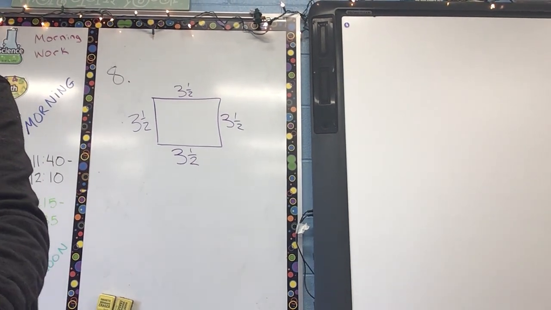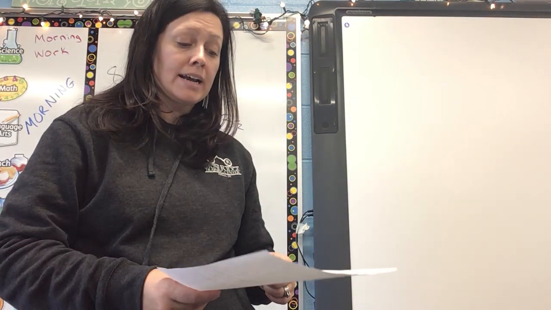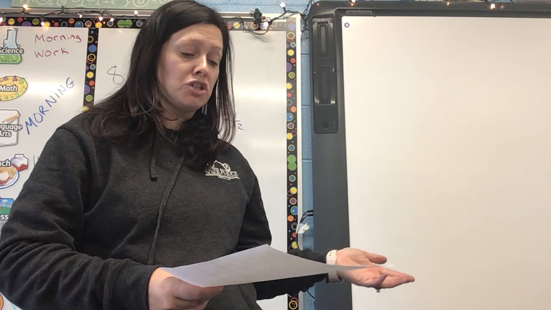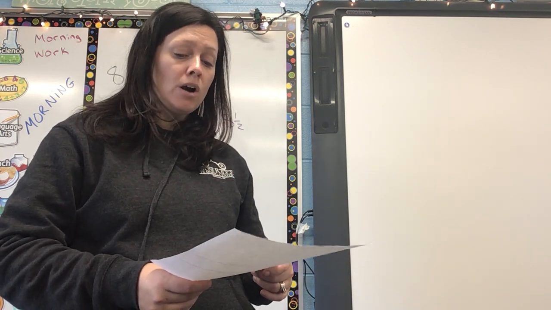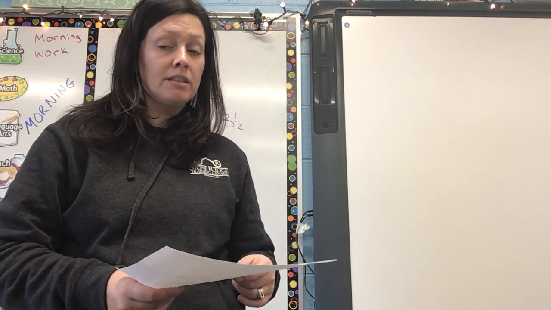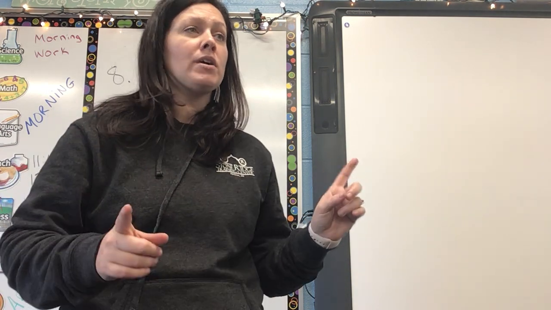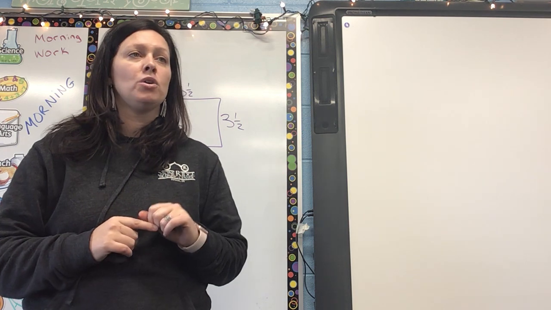Your other story problem. It says that Dan and Omar had a contest to see who read more books in January. Dan read 4 1/5 books, and Omar read 1 2/6 books. How many more books did Dan read than Omar? What would be your computation? Don't tell me the equation, but what kind of computation would you do?